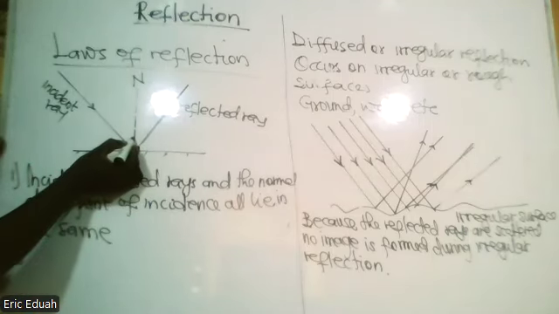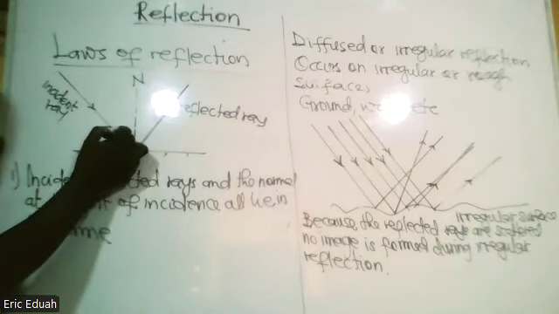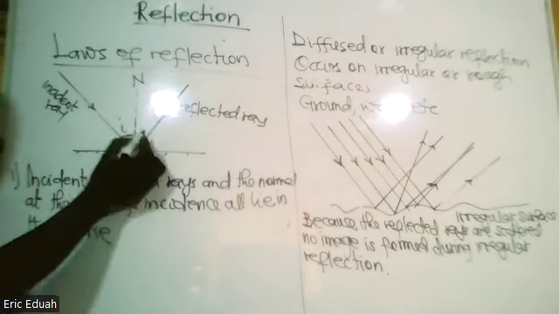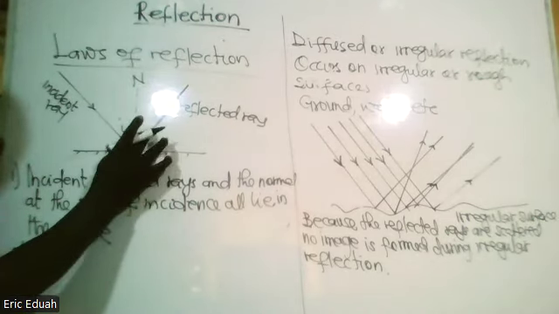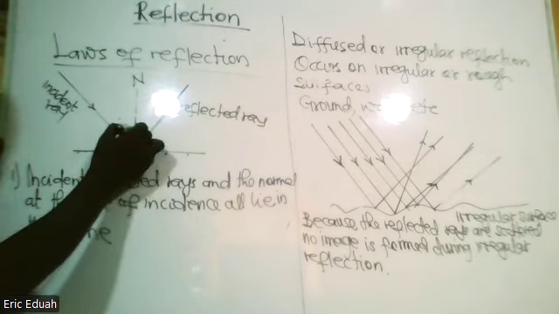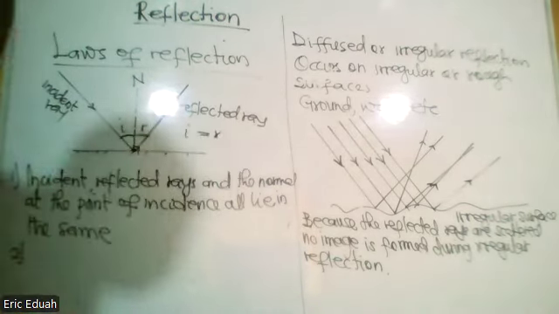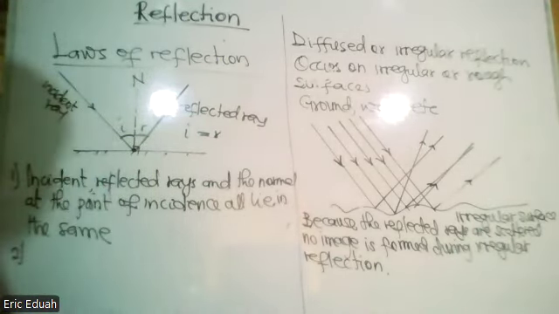So angle of incidence will be measured from the normal to the incident ray. Then angle of reflection must also be measured from the same normal to the reflected ray. Theory and practical have it that i is equal to r. That is the second law you stated: the angle of incidence is equal to the angle of reflection.